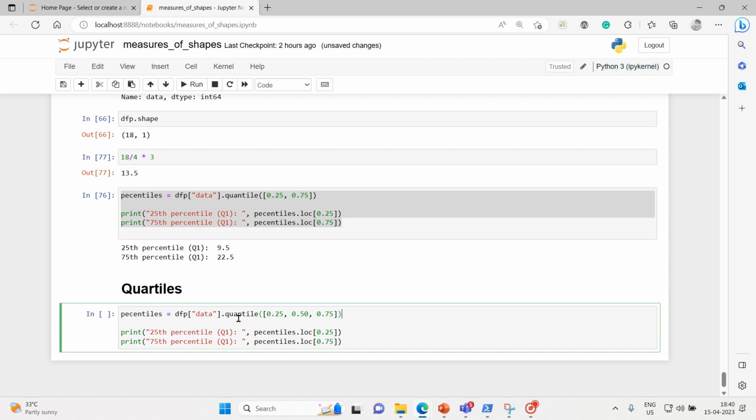So this is my data. The 25th percentile, I can write this as quartile 1, which is nothing but the 25th percentile.